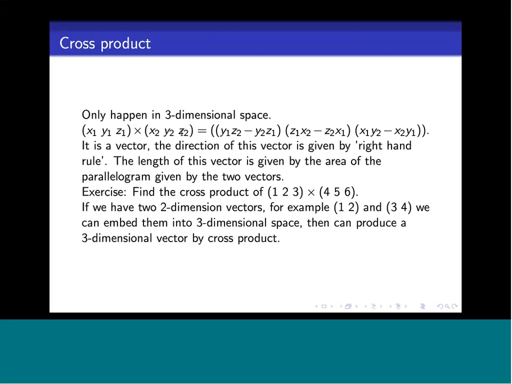Essentially, even in 4 dimensions, we still think about the subspace of 3 dimensions. So it's essentially 2 vectors, then you get another vector.